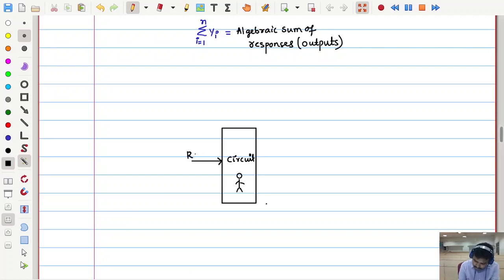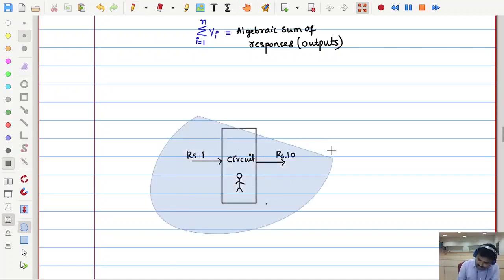I give 1 rupee to you, and how much you earn after getting a job is the output. So if I put 1 rupee of expenses on your study, then after getting a job, let us say you are producing 10 rupees.